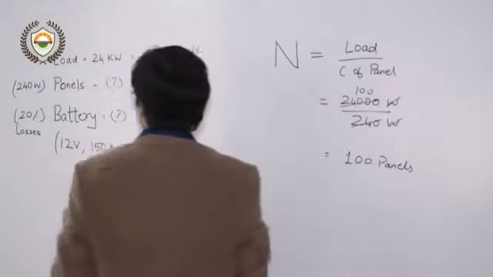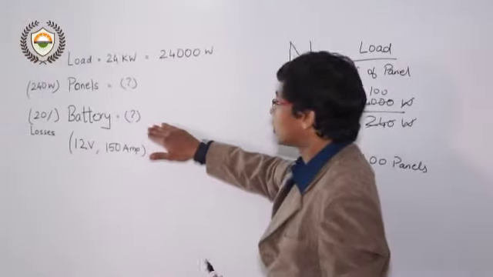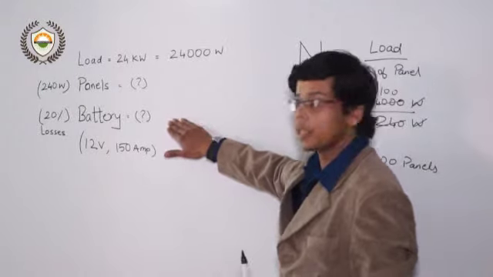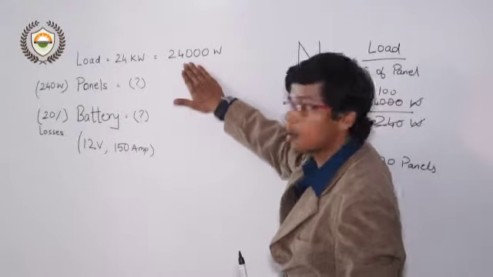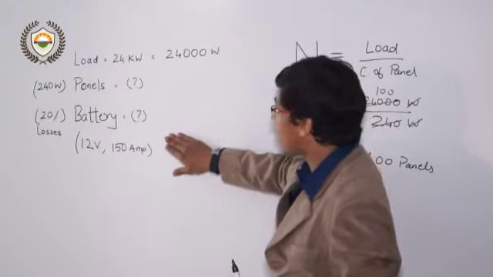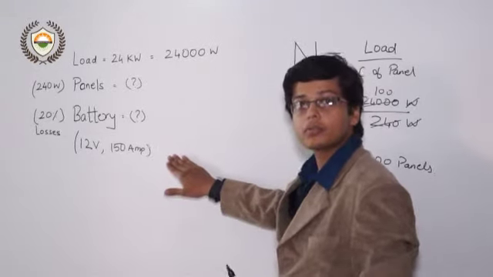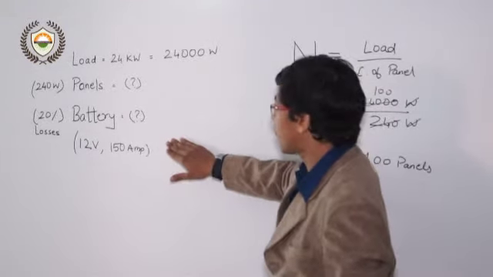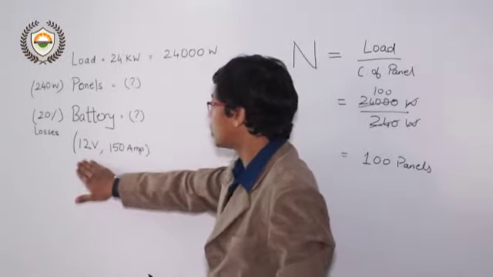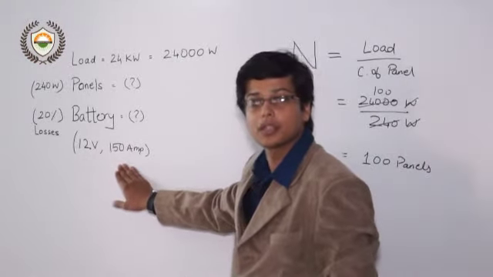Supposing, instead of the panels, we want to consider that batteries should be there to suffice the same amount of load, then how many batteries should be used? The specifications for the battery are considered to be 12 volts and 150 amperes.